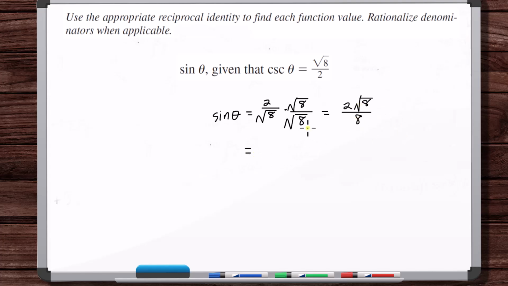Okay, 8 is 4 times 2, so you take out the √4, you get 4√2/8. So, okay, sine theta is √2/2, which is still just the reciprocal of this.